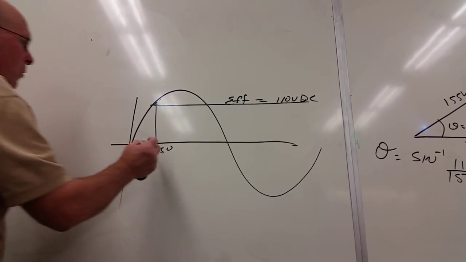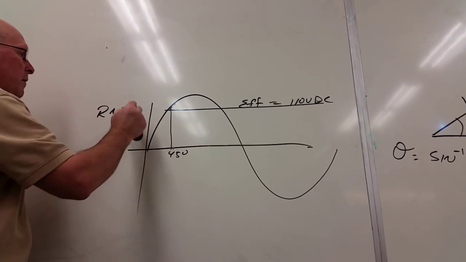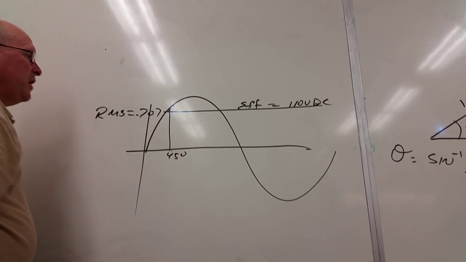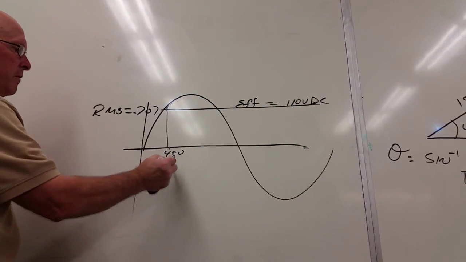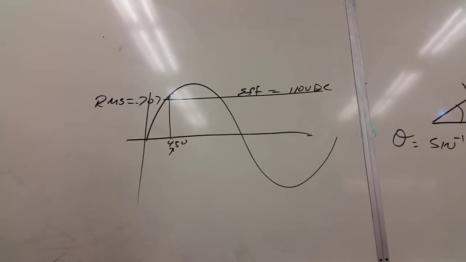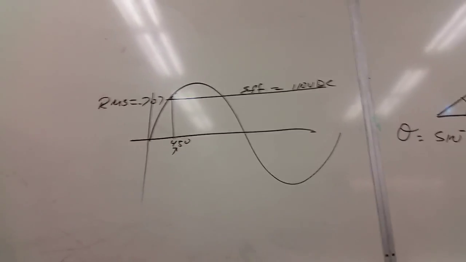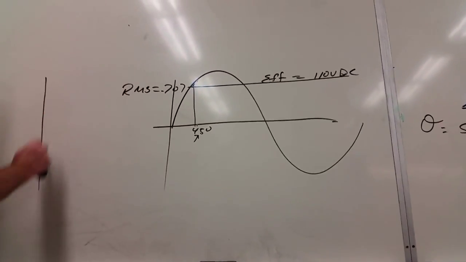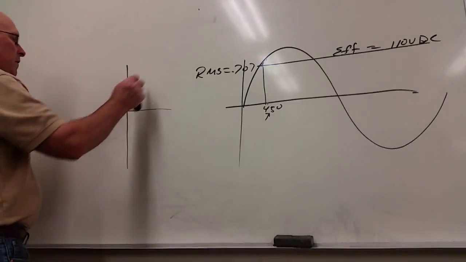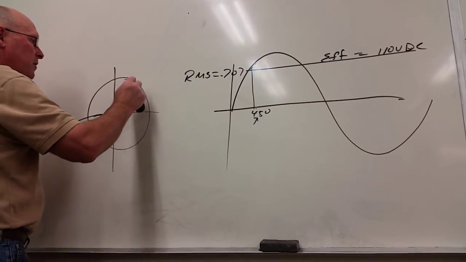Remember, we said what? RMS is equal to what? 0.707, which is equal to what? What's the sine of 45 degrees? 0.707. So if you actually draw that in our little circle here, 45 degrees means what?